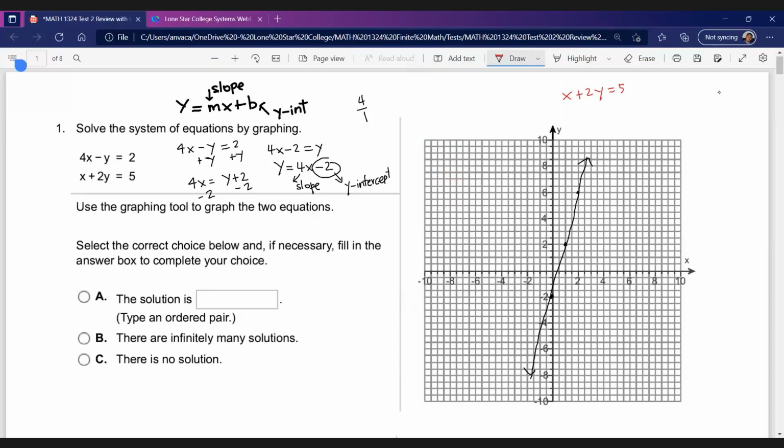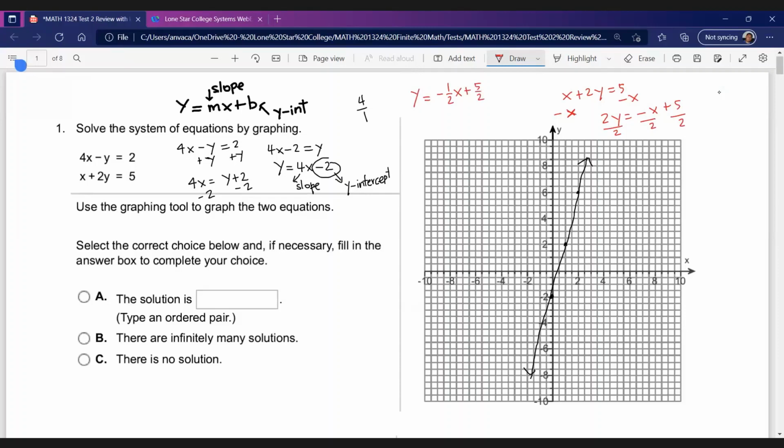So we want to get y by itself. In this case, I'm going to take away the x, and we have 2y is equal to negative x plus 5. Divide by 2, divide by 2, divide by 2, so that the variable y is by itself. And we get y is equal to negative 1/2 x plus 5 over 2.